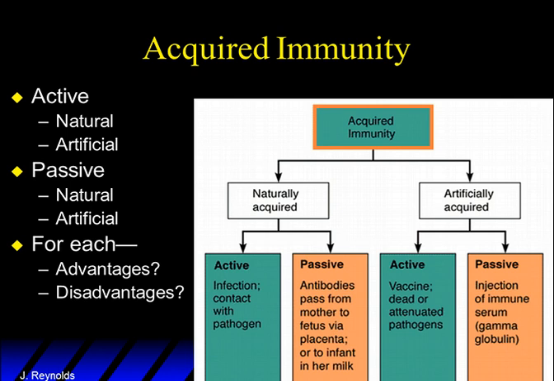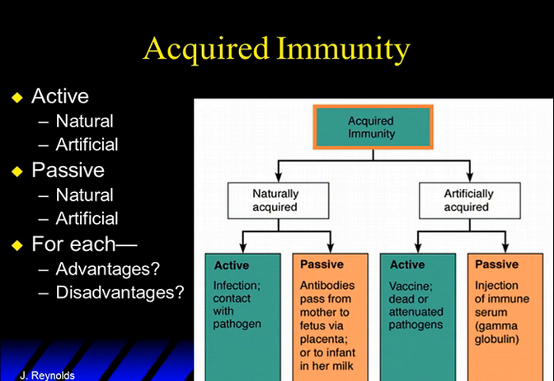That's artificial. In passive, you are given an immune response from some other source. Either it comes from other people, or it may come from other animals. For example, they get a lot of antibodies from horses. That's passive. So you're exposed to, let's say, chickenpox or hepatitis B, and you are given immune globulins or gamma globulins or antibodies from other people.